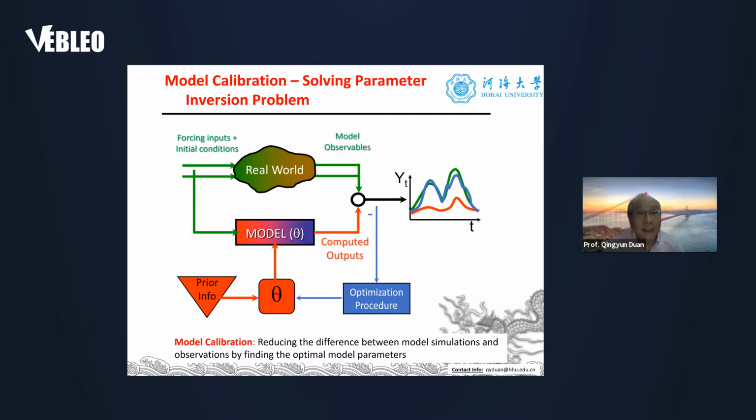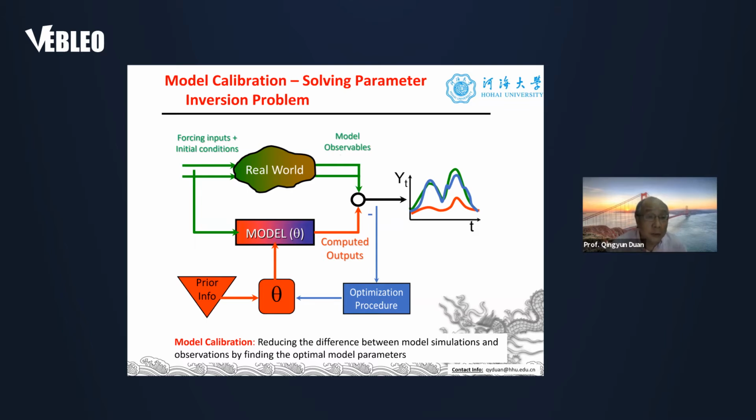I'm sorry, the animation is not working anymore, but anyway, the red line is the simulation, and when the simulation doesn't work, you run an optimization procedure to tune the model parameters, and then you get something more satisfactory. So model calibration refers to this: reducing the difference between model simulation and observation by finding the optimal parameters.